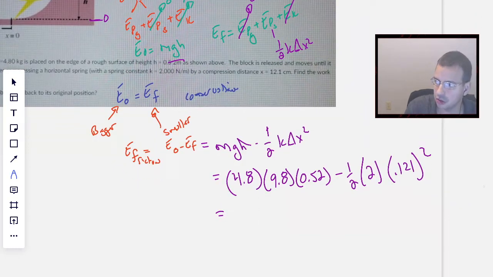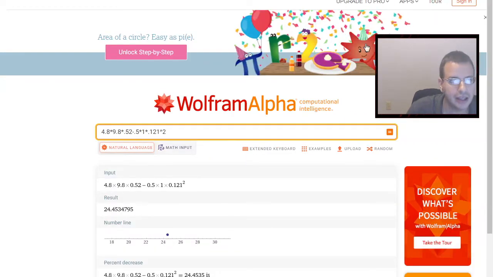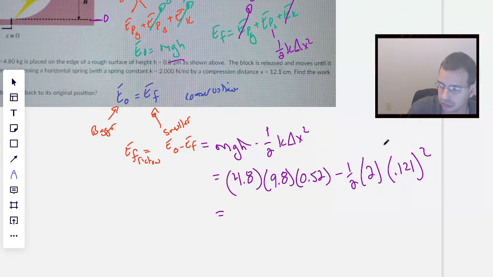I'm going to put this into Wolfram. So we have 4.8 times 9.8 times 0.52 minus 0.5 times 2 times 0.121 quantity squared. And this gives us an answer of about 24.45 joules.